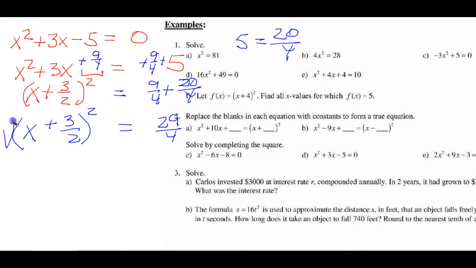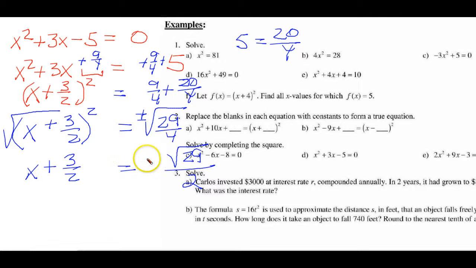Okay, we take the square root then of this side, and then plus or minus the square root of that side. Well, this is irrational, so that we get the square root of 29. But 4 is a perfect square. That will become a 2. And now we have x plus 3 halves, and then this is plus or minus this.